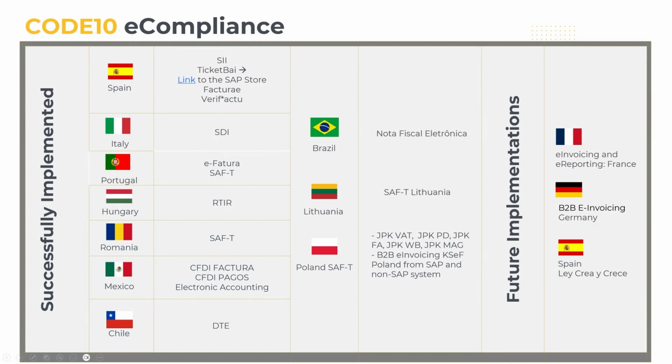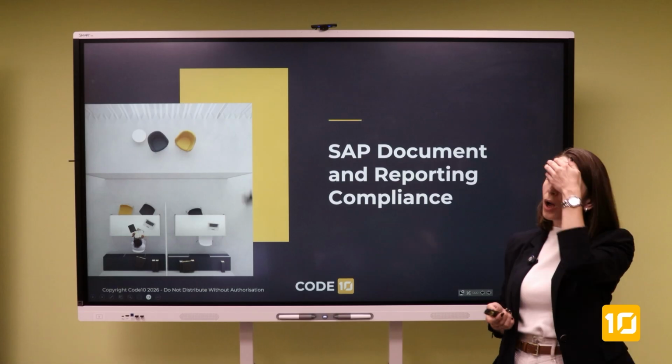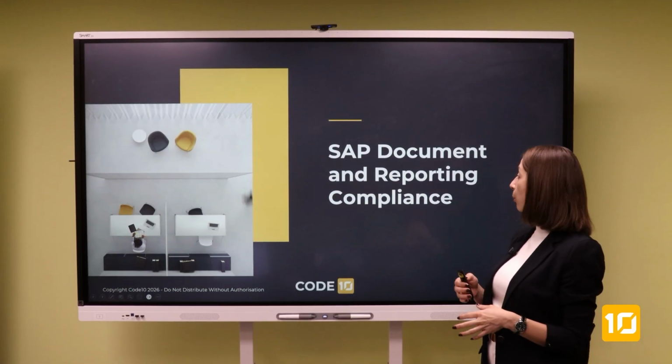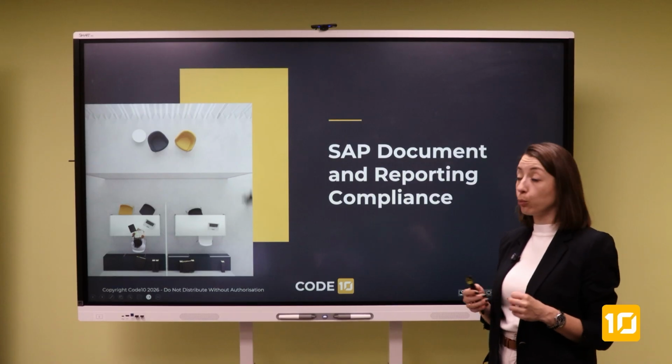We also have the ticket-by solution and product approved and available in the SAP store. And waiting now for the future legal requirements to come, the ones that we have announced, to continue working in the same direction.